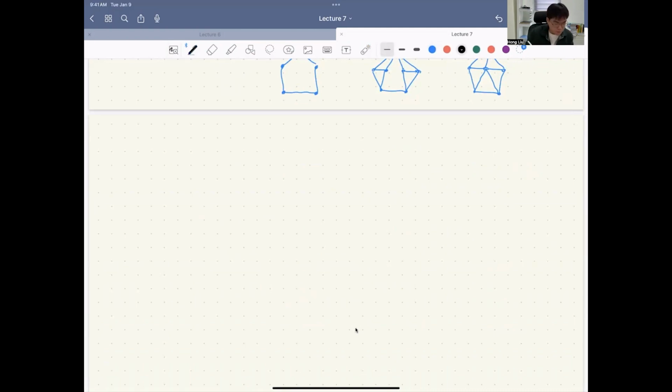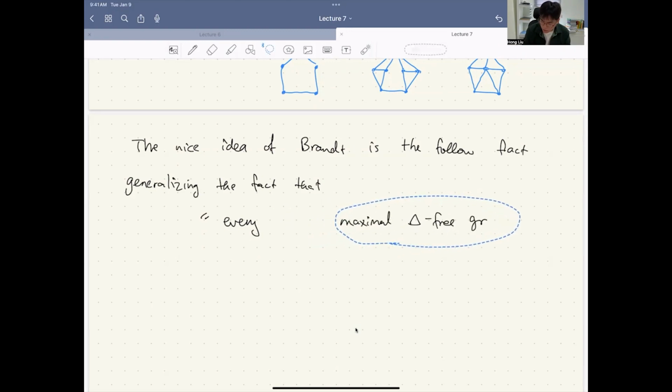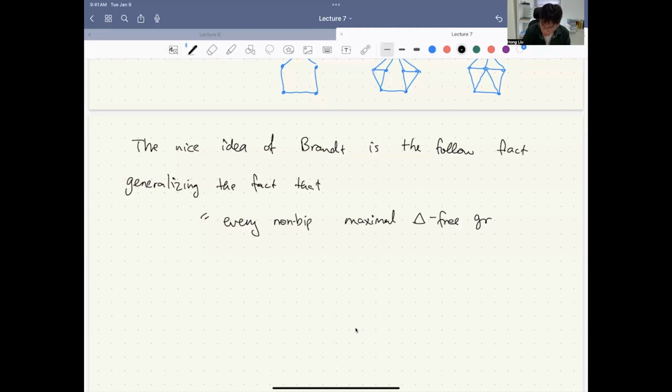So the nice idea of Brandt's is the following fact, generalizing the fact that, so what we are generalizing, every maximal triangle free graph and non-bipartite, so if you're not bipartite maximal triangle free, you must contain a 5 cycle.